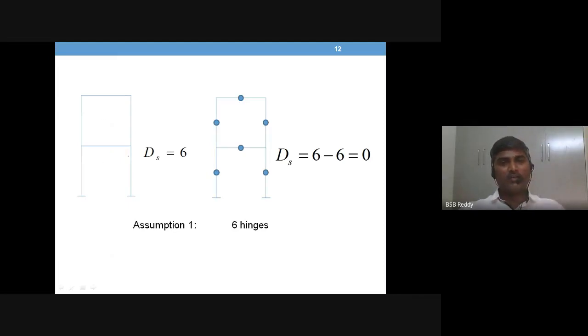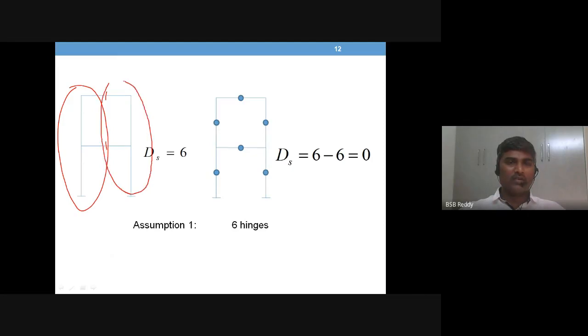So static indeterminacies, as I was saying in the previous session, you need to cut the structure to make it determinate. Okay, so now you have 2 cantilevers. This is one part of the cantilever, another part of the cantilever.